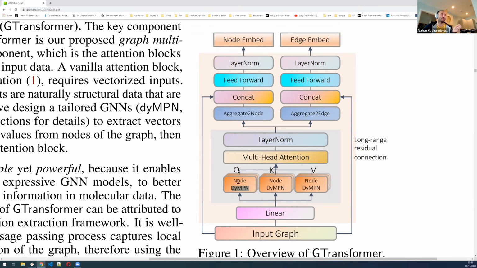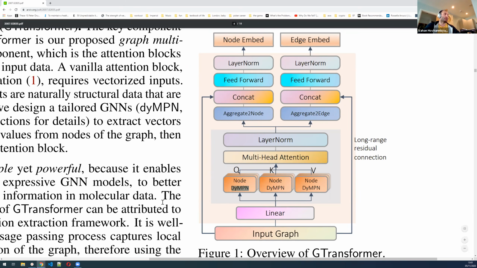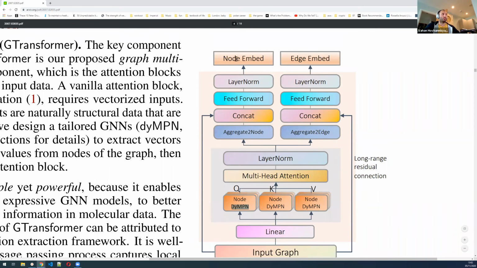No need to focus too much here. I think it's just randomizing the number of hops each time, so you get a bit of regularization. Well, you get the multi-head KV and QV and QK and Vs. Then there is the layer normalization, and then there are these 2 streams. In one stream we learn a node embedding, the other one an edge embedding, but they are very similar. Then there is the aggregation, as we spoke before.